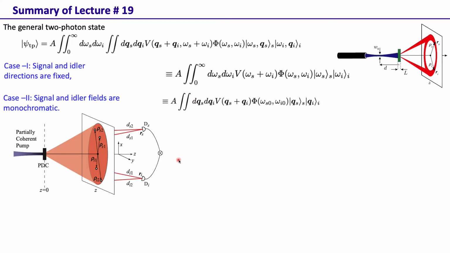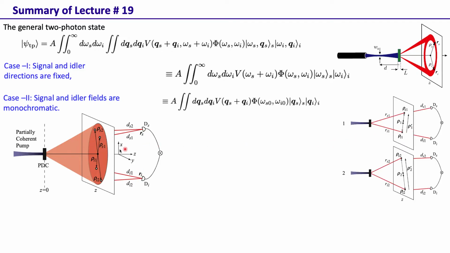We then also looked at the generic two photon interference, and we considered this setup. In this setup, we are producing a two photon state using a partially coherent pump, and the down converted photons can now reach these detectors in two different alternative ways.